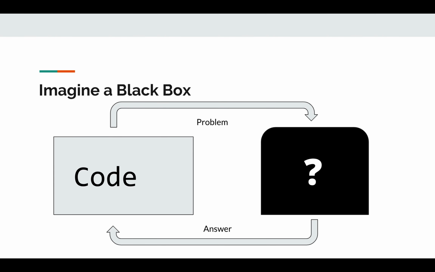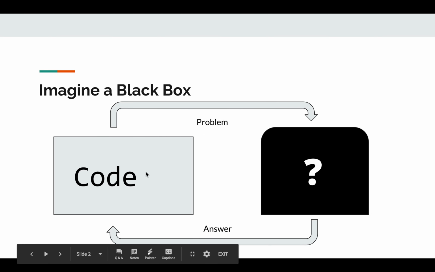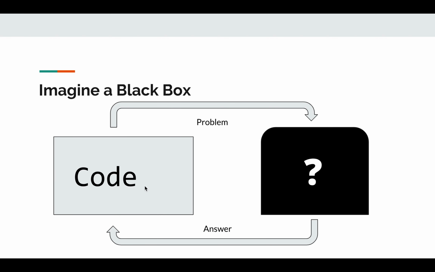So, the way to think about a function is thinking about kind of a black box that just solves problems for us. So, if we have some code and we have a problem in our code that we want to solve, imagine that we could send that problem out to a black box.